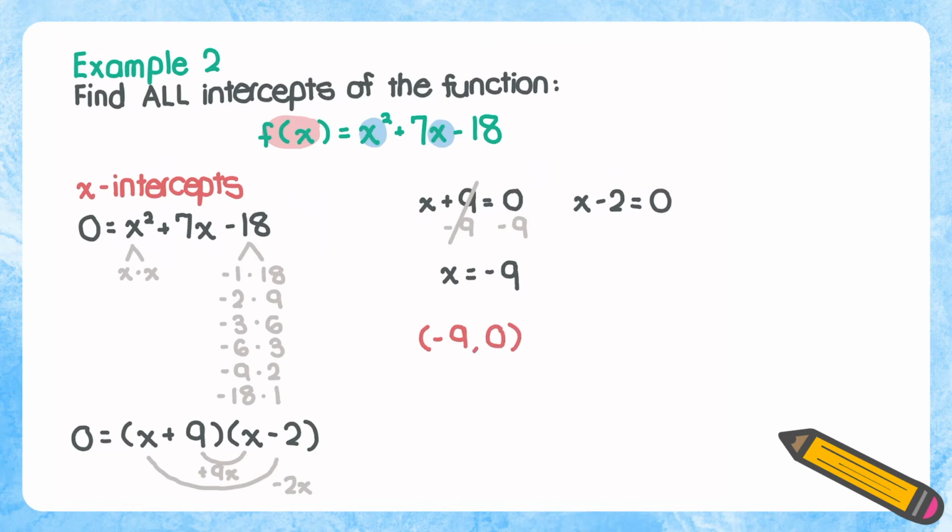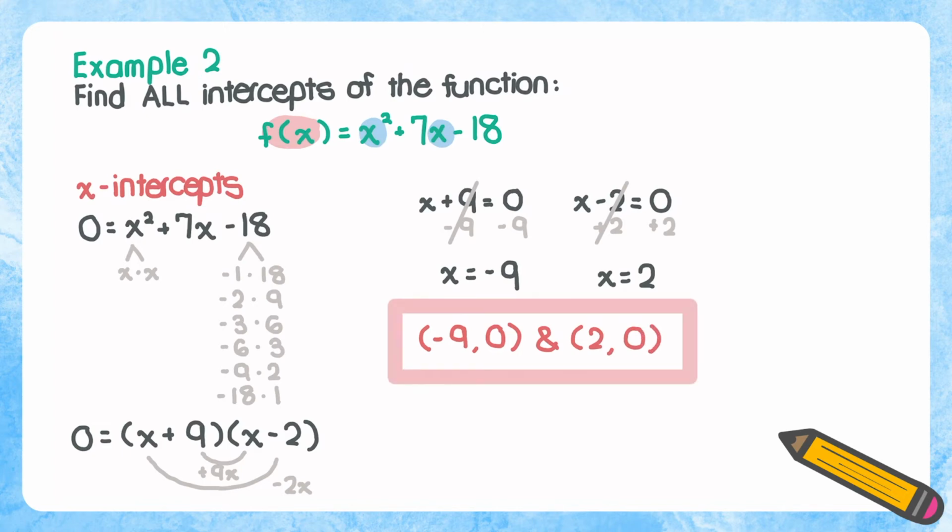But I have another one, this option, adding 2 on both sides to isolate the x. This cancels out. I'm left with x equals 2. So my other x-intercept is at 2, 0.